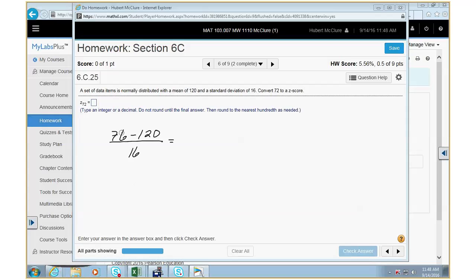What is that? Negative 48 over 16, which is equal to negative 3. So that would be an outlier, between unusual and outlier. Okay, let's do another one.